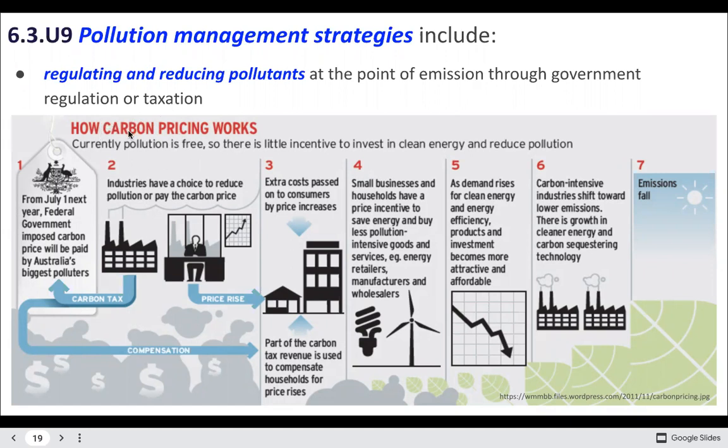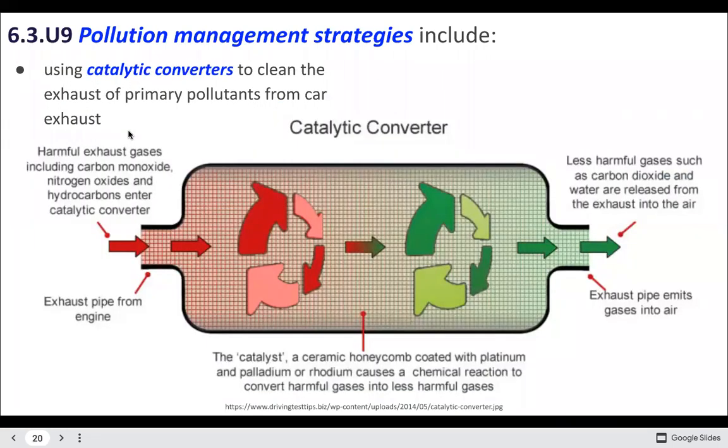Or you might have the Environmental Protection Agency or the Clean Air Act, which has regulations about the types of pollutants that can be created. Catalytic converters are on just about every car these days. Definitely in the U.S. I'm not sure what the standards are like in other countries, but they especially deal with nitrogen oxides to reduce that tropospheric ozone and really help diminish the photochemical smog.